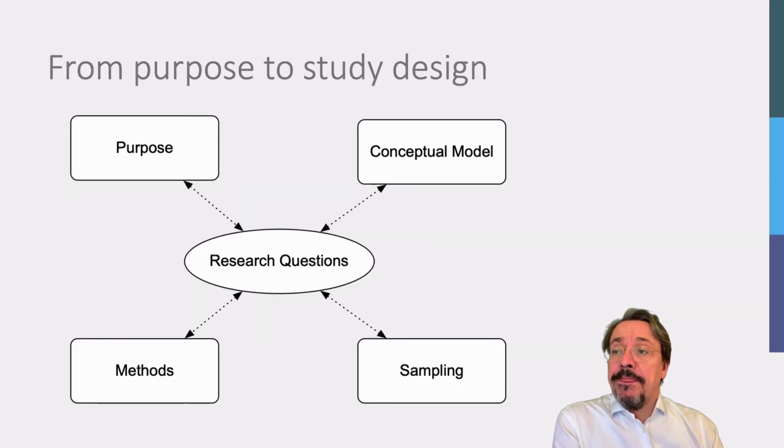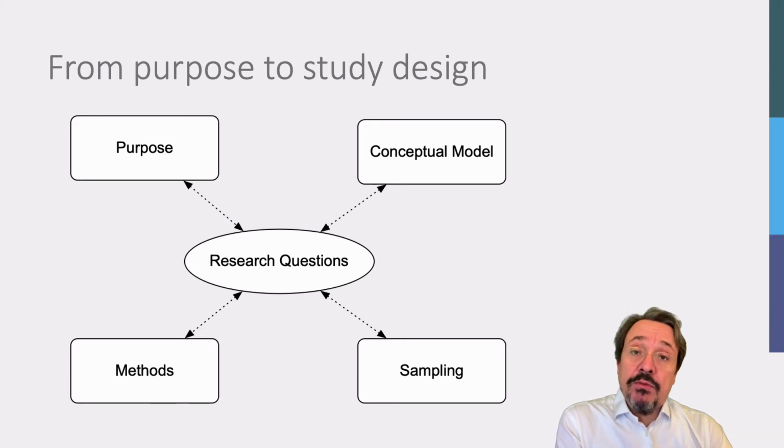So, linking back to the conceptual model and how these components are interlinked, of course, your purpose gives you a starting point for your research questions. And in your conceptual model, you specify the relationships between your independent variables, your dependent variables, how you measure them, if there are probably confounding variables, relationships between these variables.